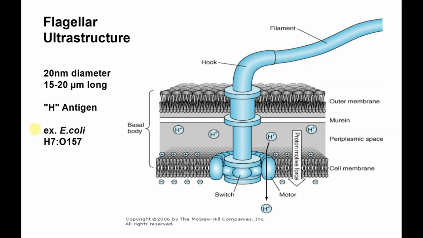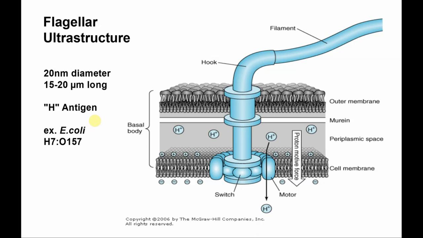Now, flagella can be present or absent. Not all bacteria of a particular species will have them. And the particular protein which makes up the filament can be variable between different strains of the bacterium. So once again, it's an antigen that's useful for identifying different strains of bacteria.